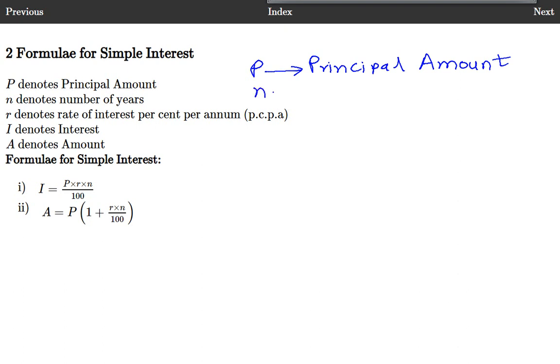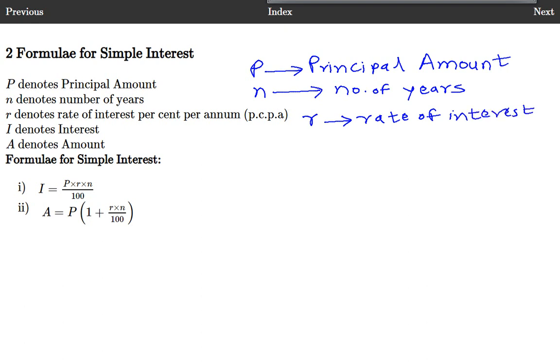N denotes number of years. R denotes rate of interest, percent per annum.